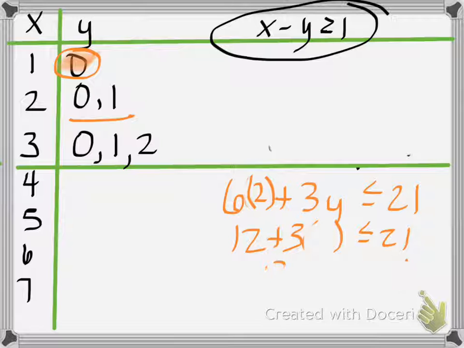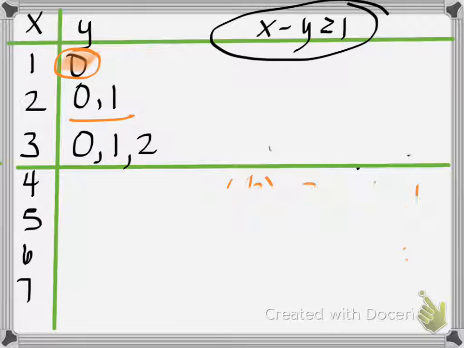Okay. Let's check out whenever it's 1. 12 plus 3, is that less than or equal to 21? Okay, both of those check out. So I'll highlight those two numbers. Do you see how I'm choosing what to highlight? Yes?